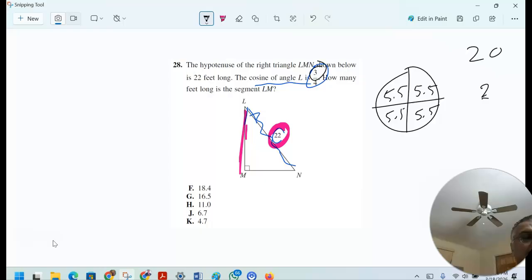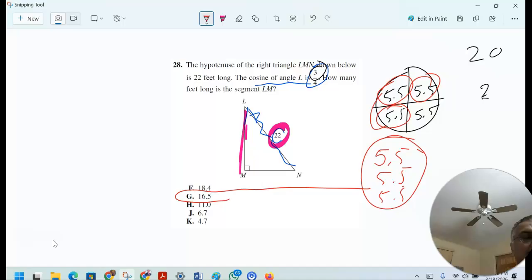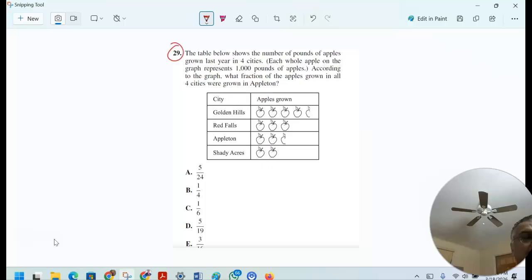And because it is 3/4, I have to add three of these, which totals 16.5. So you can do mental calculation also and get the answer this way. This height has to be 3/4 of this, so you break this into 4 pieces and add up three of them.